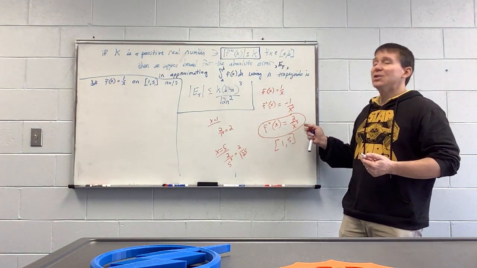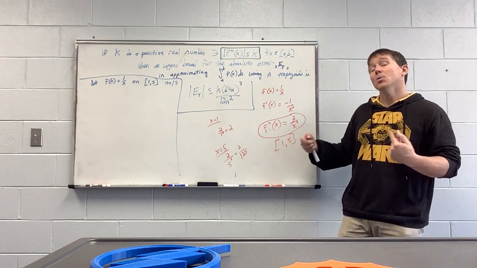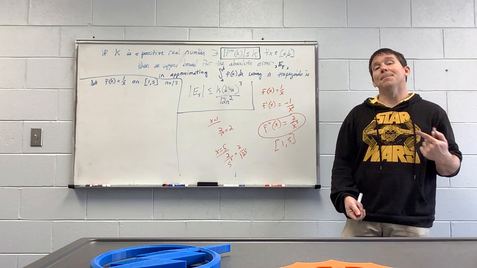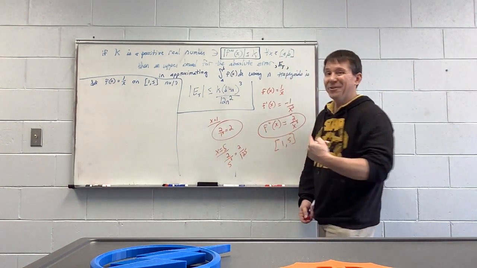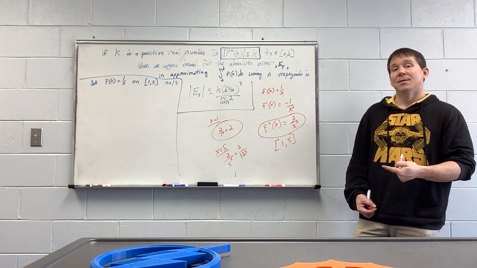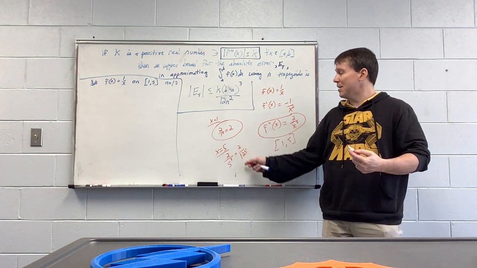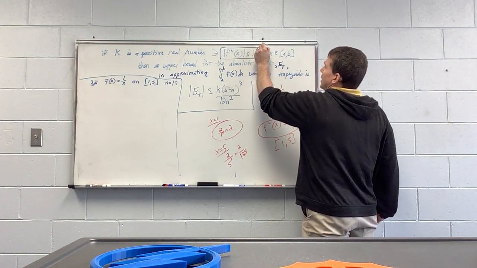And again, it's clearly going to be decreasing, which means to find the maximum value on the interval, I can use the left-hand function value as my maximum. Because I know every function value is always less than or equal to 2.